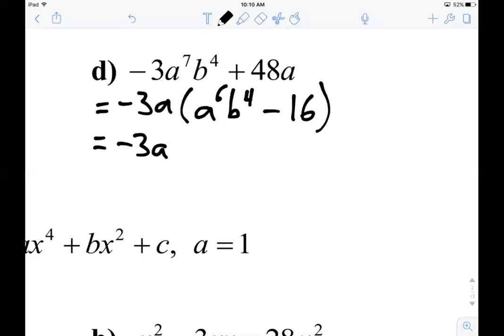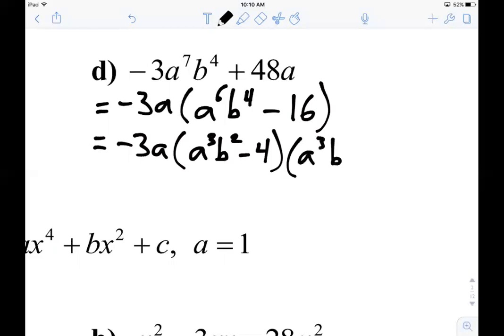Remember, it's just coming along for the ride. But now we have a cubed b squared, that's the square root of the first piece. And we can do it subtracted with the square root of the second, and also show it being added with the square root of the second. And again, you could do those in the opposite order if you want. It doesn't matter which order the brackets are written in.